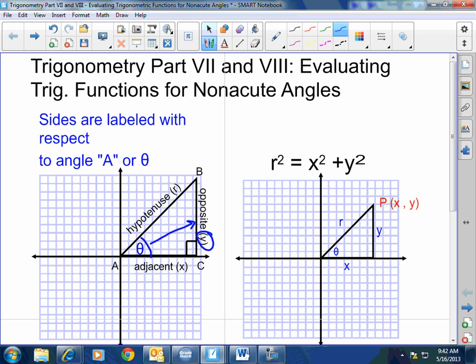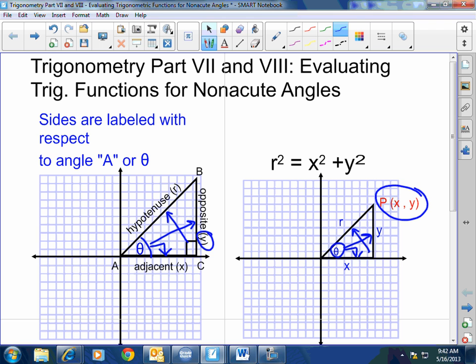If you look over at this guy, that theta goes across y, all right? The side immediately next to it is the adjacent, that's the x. On this triangle over here, the x is the adjacent. And the hypotenuse is always across the 90. That's r, or the hypotenuse, okay?